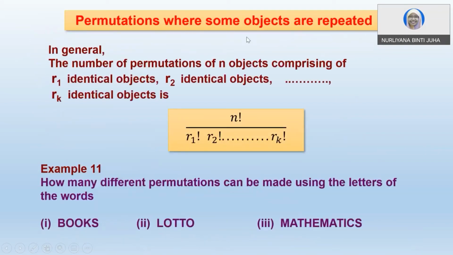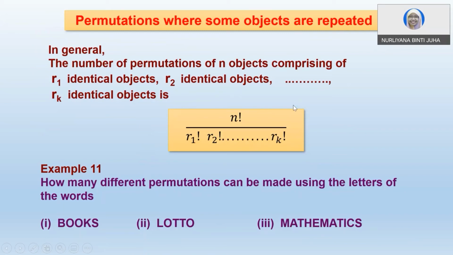Okay, next is permutation where some objects are repeated. Dekat sini, pilih atur bila ada satu objects tu yang berulang. Okay, in general, the number of permutation of n objects mean yang keseluruhan, comprising of R1 identical objects. Identical mean yang sama. R2 identical objects up until Rk identical objects is given by this formula.